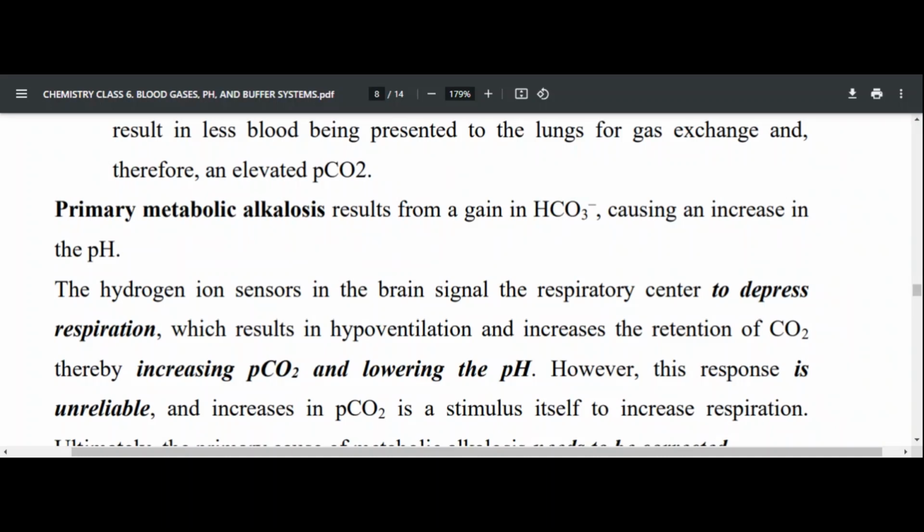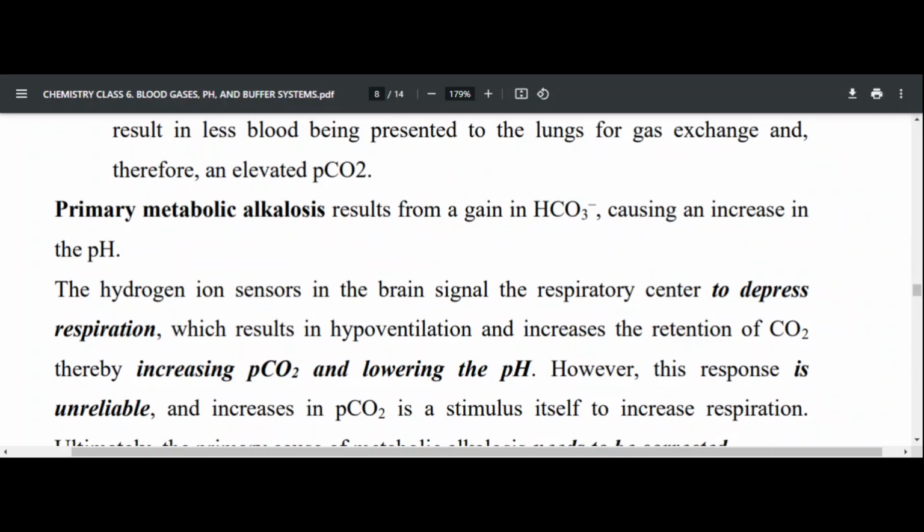For example, if someone is taking drugs that contain bicarbonates, patients will experience alkalosis because of gaining bicarbonate, which increases the pH of blood. The hydrogen ion will be sensed by the sensor in the brain, and then the brain will command the respiratory center to depress respiration, which results in hypoventilation and retention of CO2.